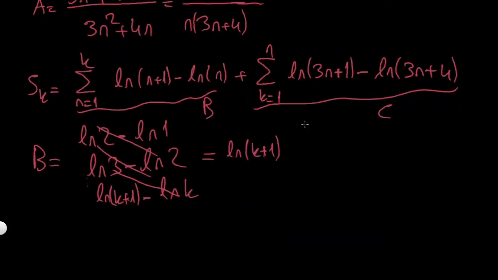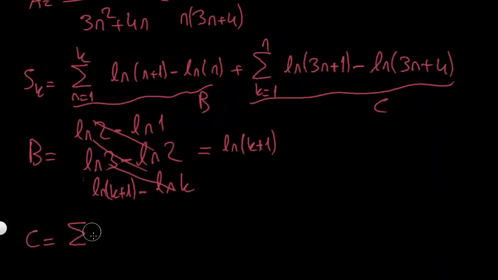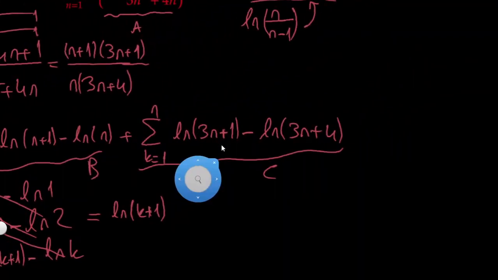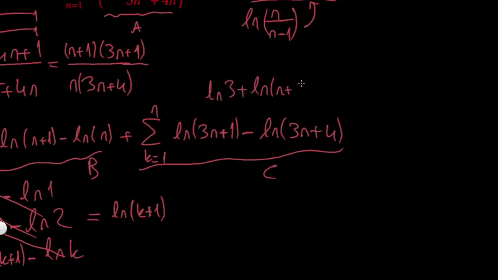C is a little harder, but it's the same logic. What I can do is either put k equal to 1 and 2 and it will give me the same, or I can factor out an ln 3. If I rewrite c, this thing is literally ln of 3 plus ln of n plus 1 over 3.